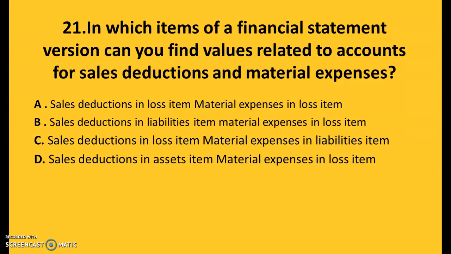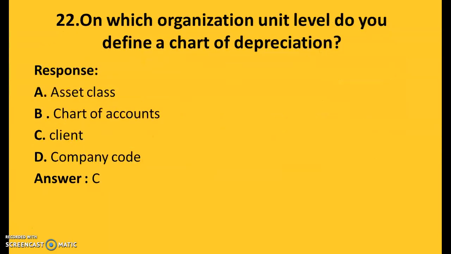Which one is right? The answer is C: sales deductions in loss item and material expenses in liabilities item.